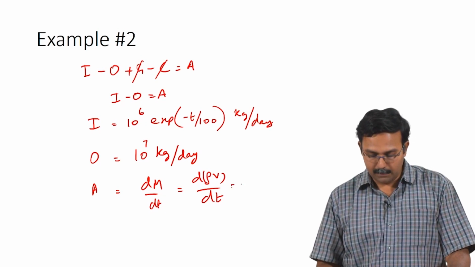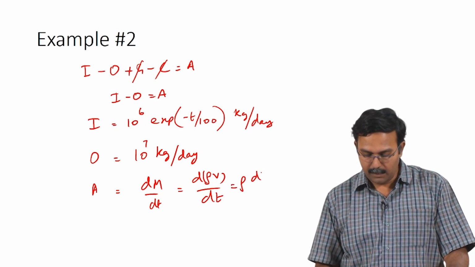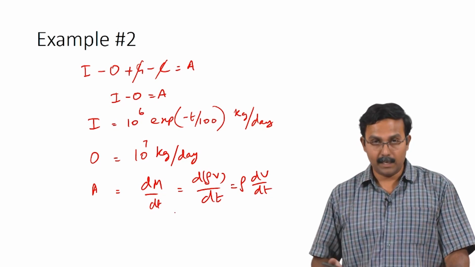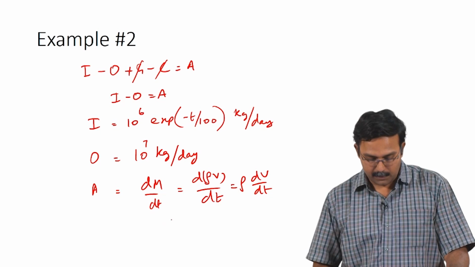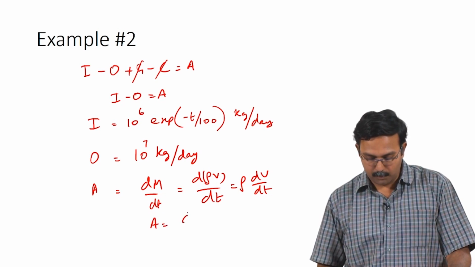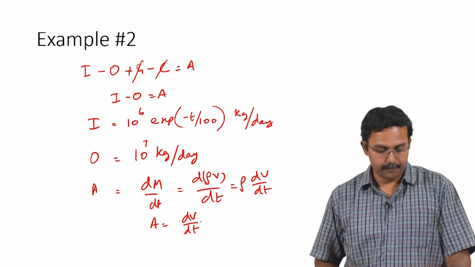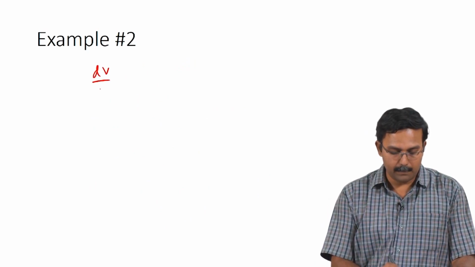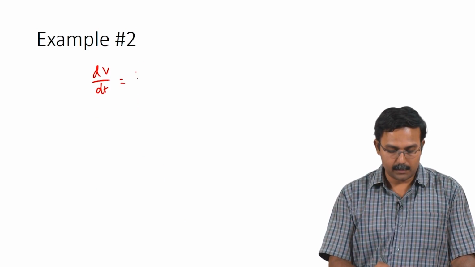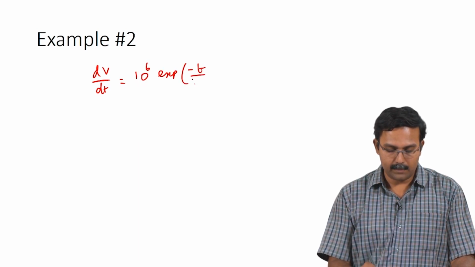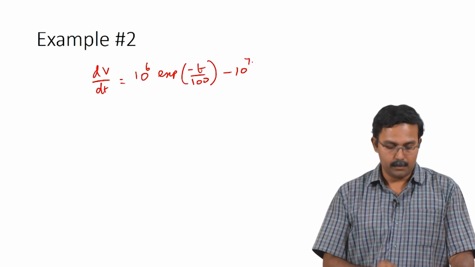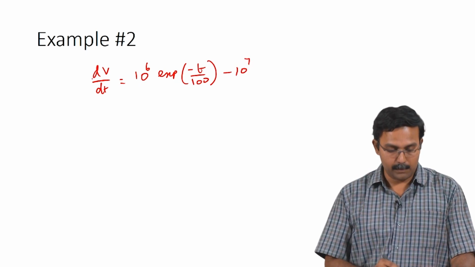So, this will become rho dV/dt, and because rho equals 1 kilogram per liter, the accumulation term would be dV/dt. Plugging these values back into the equation, you would get dV/dt equals 10^6 exp(-t/100) minus 10^7. So, this equation has to be solved.